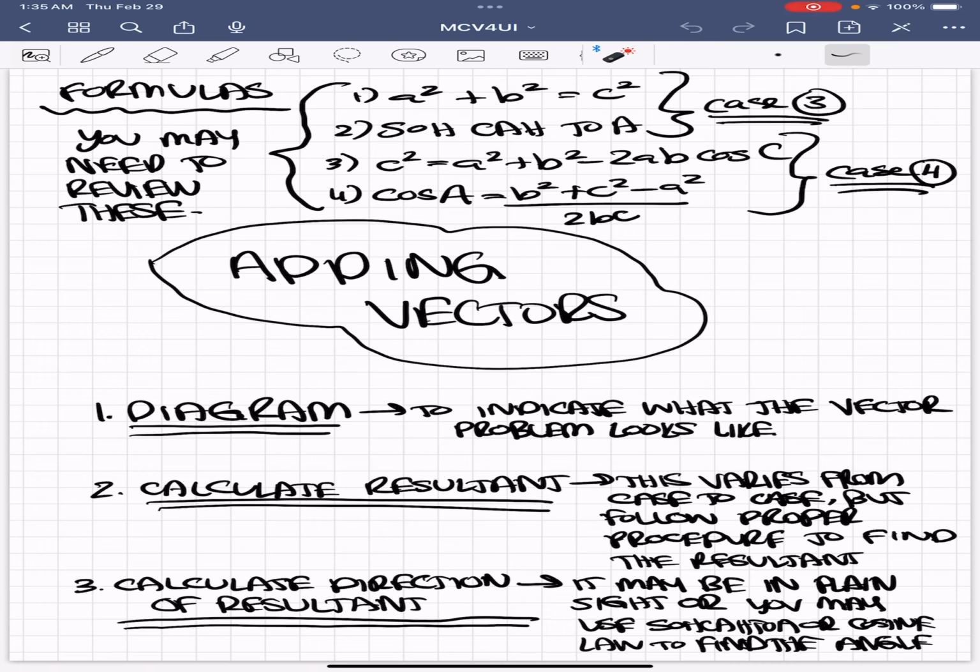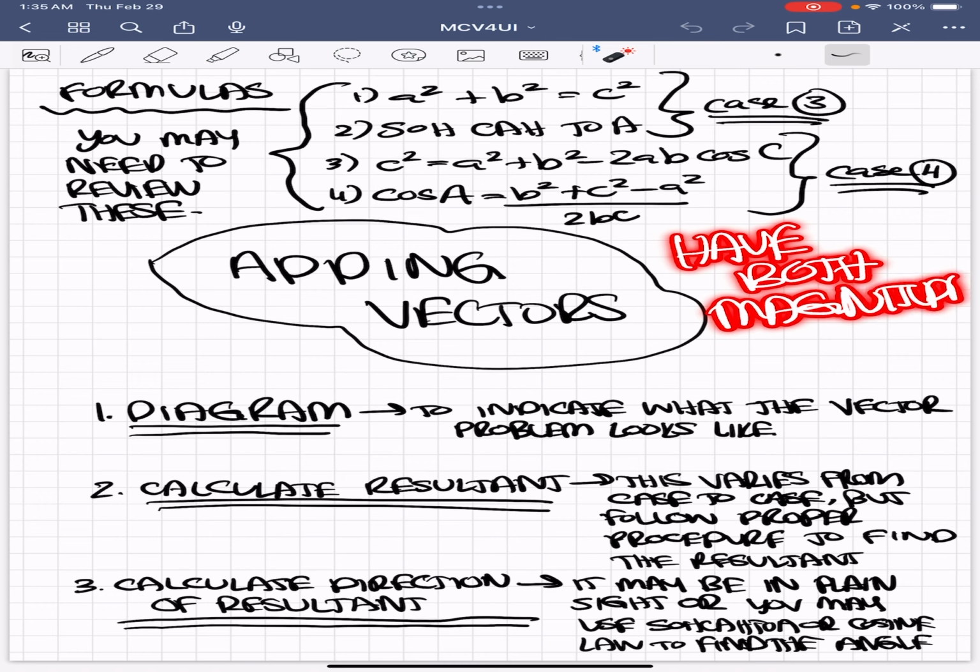But with each vector and resultant that we calculate, vectors have directions. So if you remember from our last video, they have both magnitude and direction.